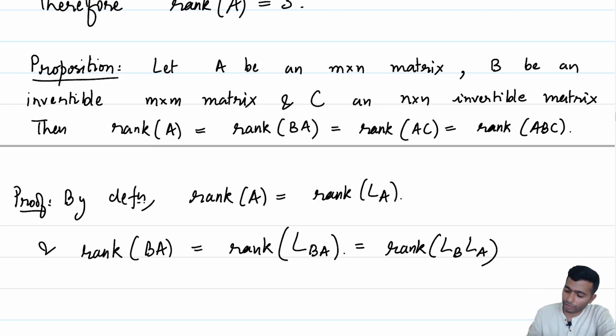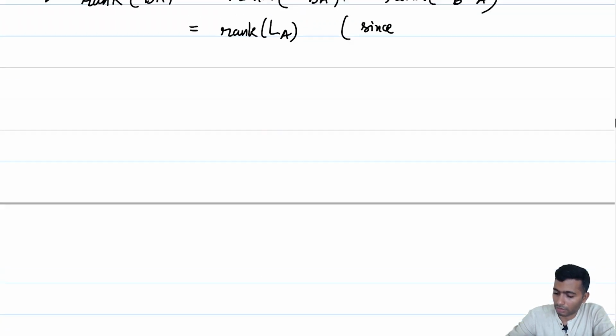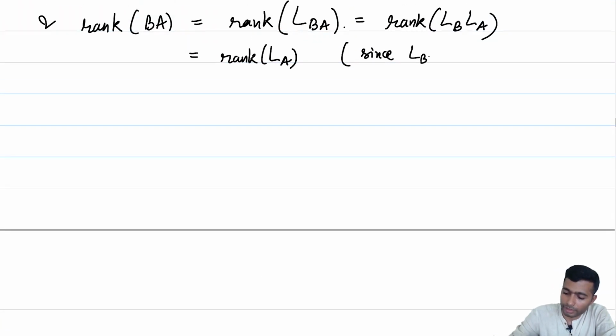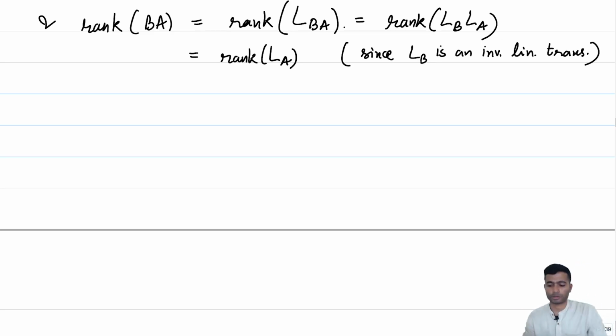And by the proposition we have proved earlier, this is equal to the rank of L_A, since L_B is an invertible linear transformation. But what is the rank of L_A? The rank of L_A is nothing but the rank of A.